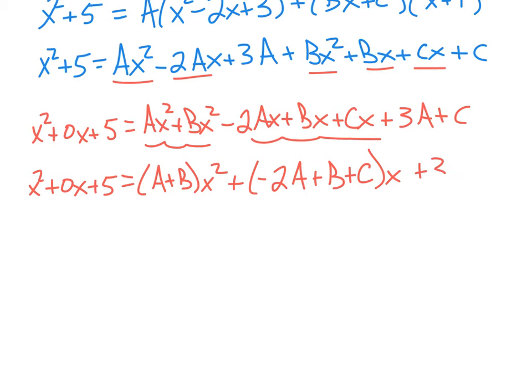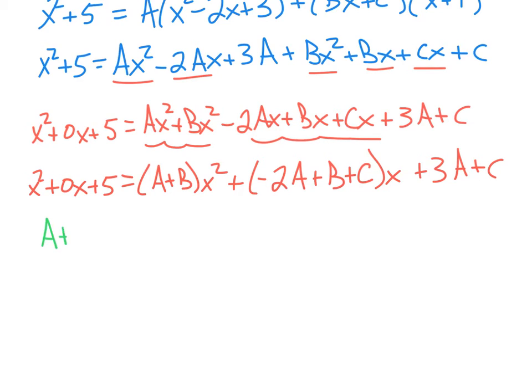And then we're just going to leave the rest of this alone. And now we have the same idea as we did before, where we have two sides that must be equal, and we've rearranged their terms so that we can just set them up with the terms on the left. So coefficient of 1, coefficient of 0, and then 5.